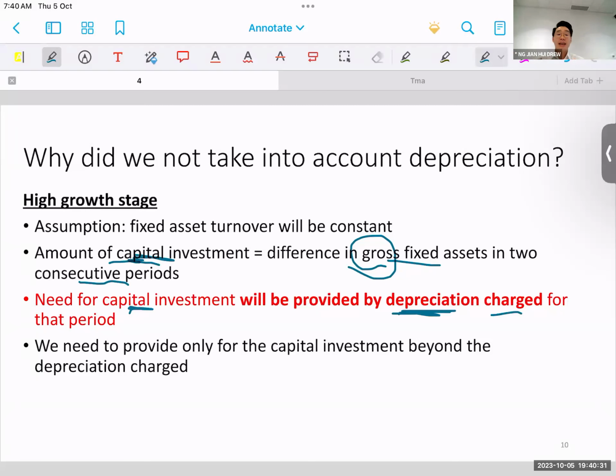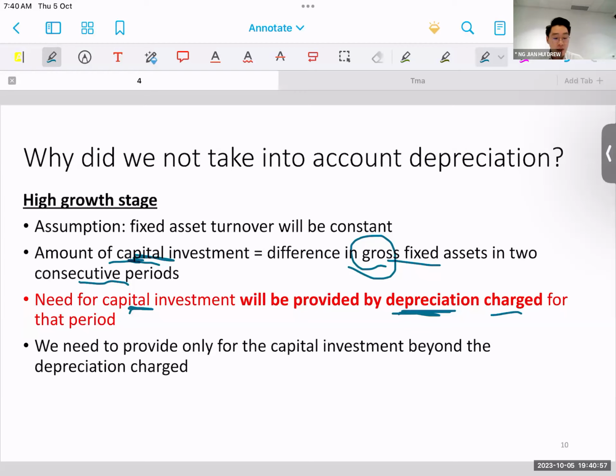So basically whatever depreciation charge there is equals the amount of capital that you need to spend so that your so-called capex remains constant. Does that make sense? Whatever you depreciate, you need to replace with new capex. So there is a perfect alignment, and therefore, you don't need to consider that.